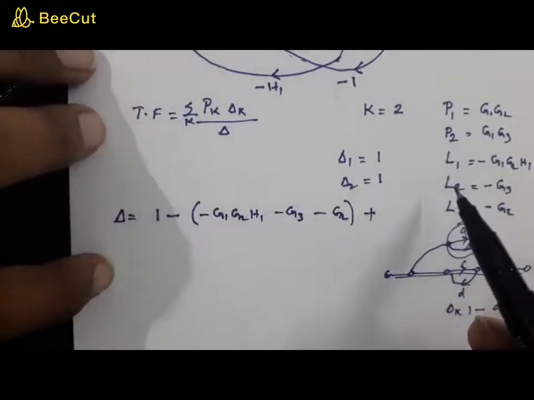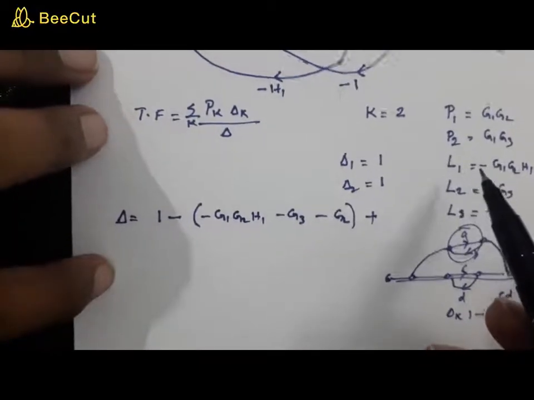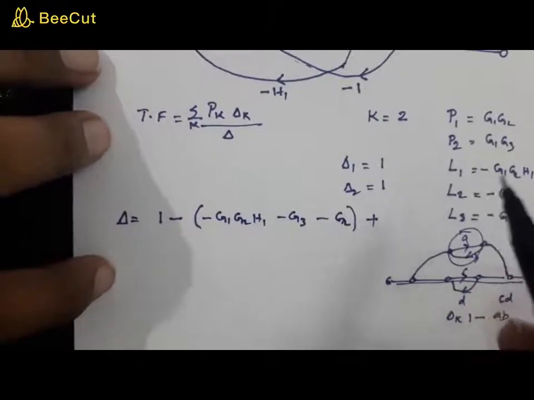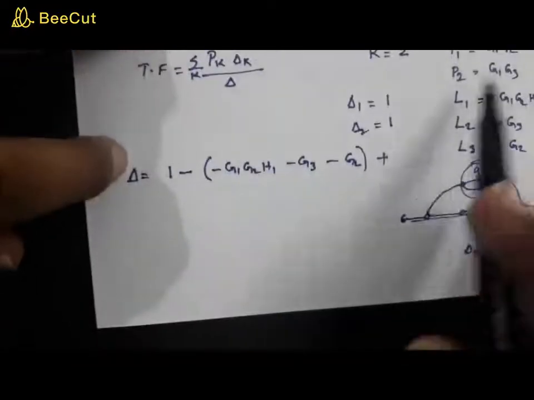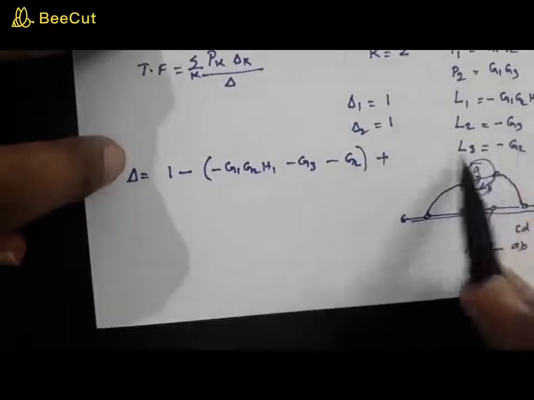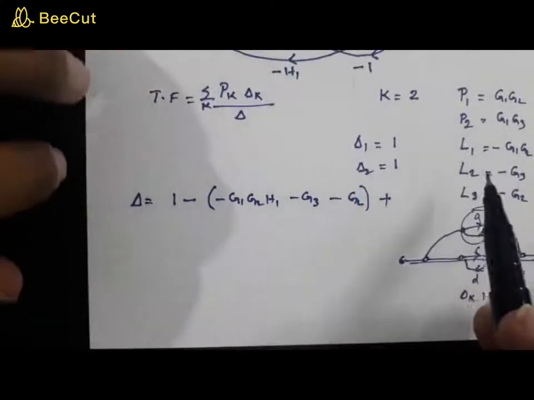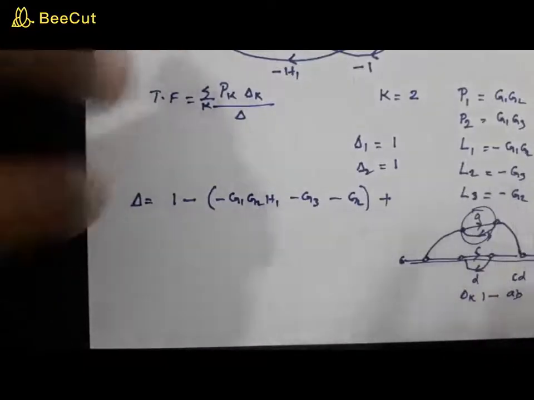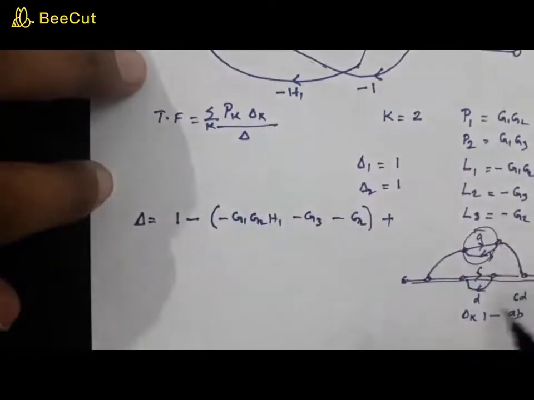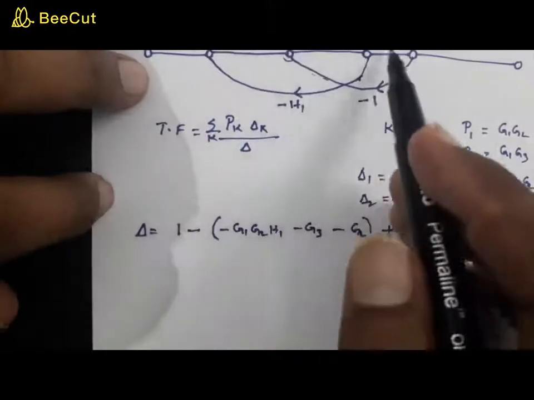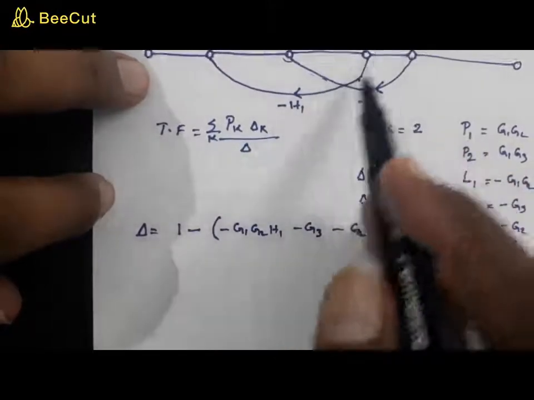The sum of the products of the loops taken two at a time. And the important thing is they have to be non-touching. From the figure, you can see that none of the loops that we have identified are non-touching. They are touching each other in some way or other. Look at this: G1, G2, H1.